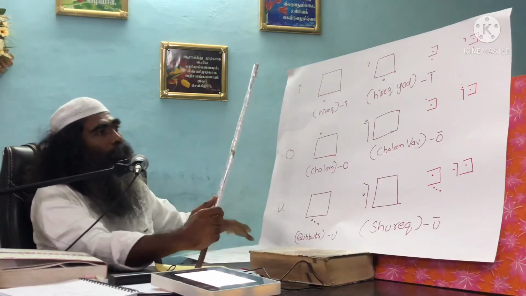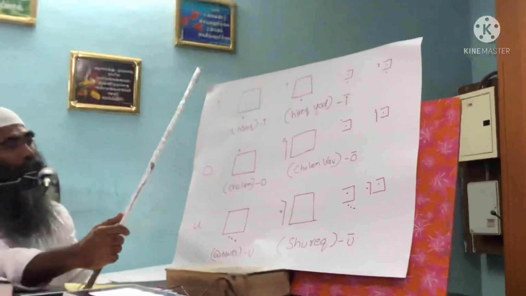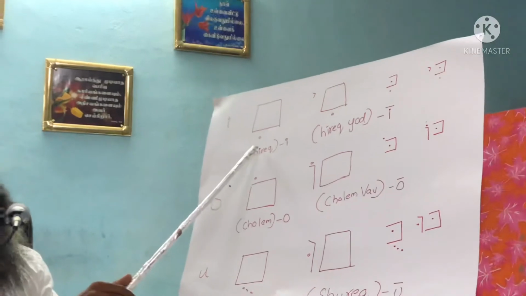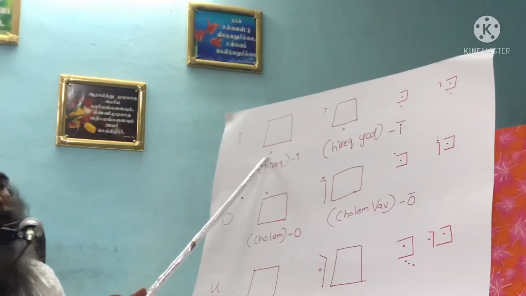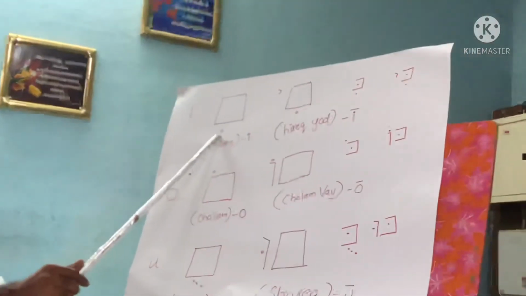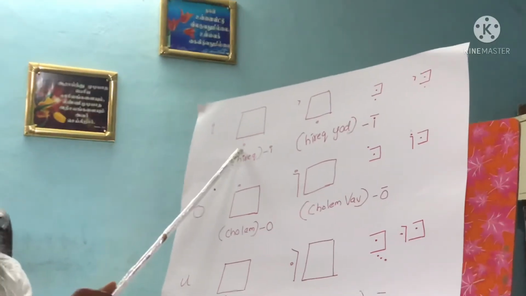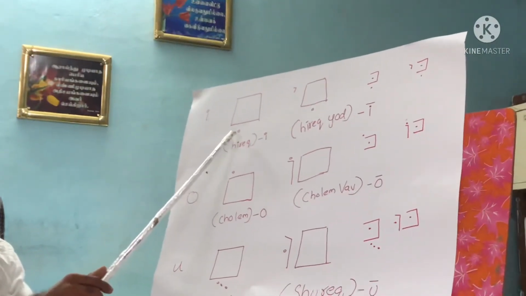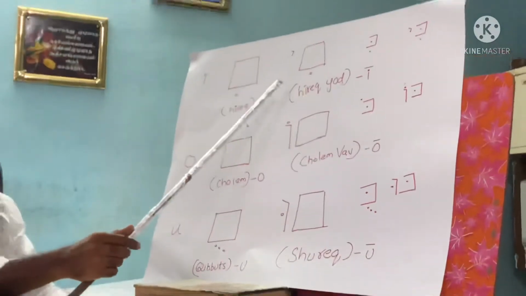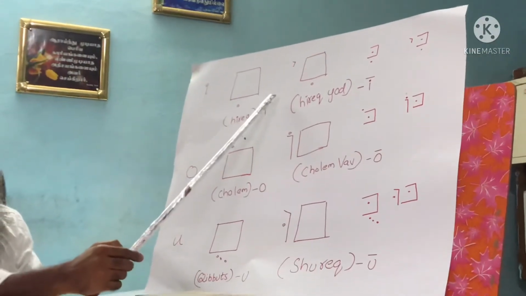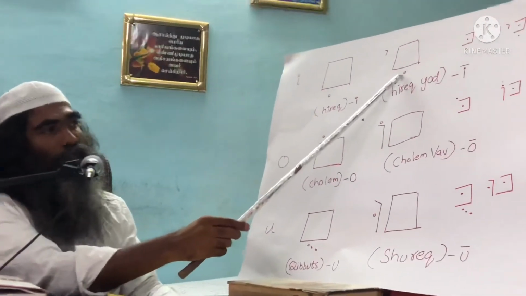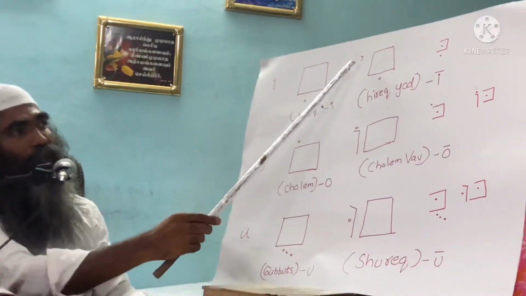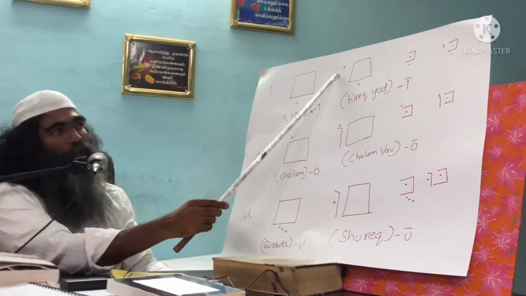Then coming to the third vowel, I, it is depicted by a single dot below the consonant, and the elongated form is a single dot plus an additional yod.